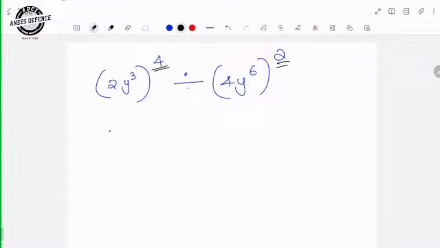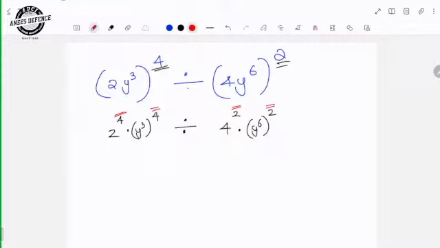So it can be written as 2 raised to 4 into y raised to 3, the whole raised to 4, divided by 4 raised to 2 into y raised to 6, the whole raised to 2. Now 4 is distributed to both, 2 is distributed to both.